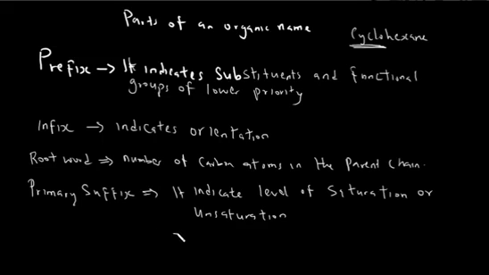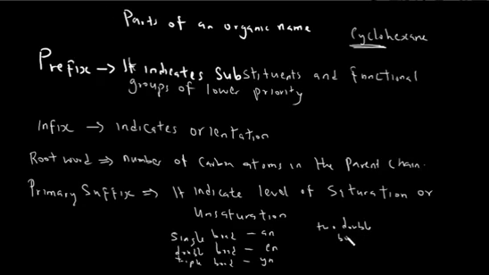Primary suffix: single bond, an; double bond, en; triple bond, yn. If there are two double bonds, it becomes diene. You get what I'm saying? I hope you are following. Yes. And so on and so forth. So that's that. Are you done writing? Yes. Okay. Can I take this out?